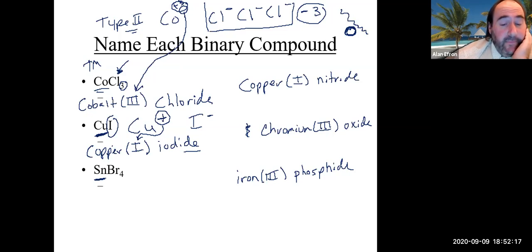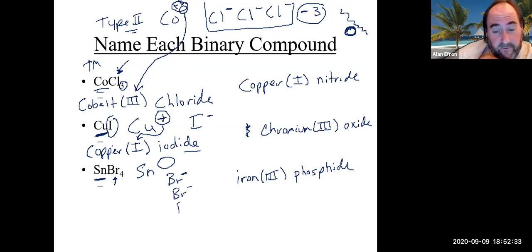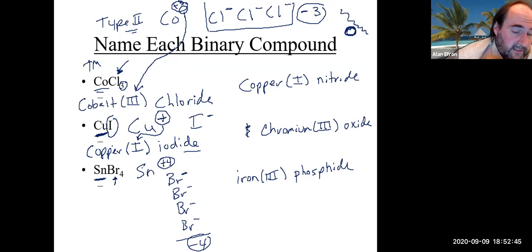So if we look at the tin, we're not sure what the charge is, but just like normal, we know the charge on this guy: that is group 7, which means it has a -1 charge, and there's not one of them, but there are 4 of them. If you just draw it out, that has a grand total of -4 for our negative, which means that our positive tin, because there's only one, would have to be +4.